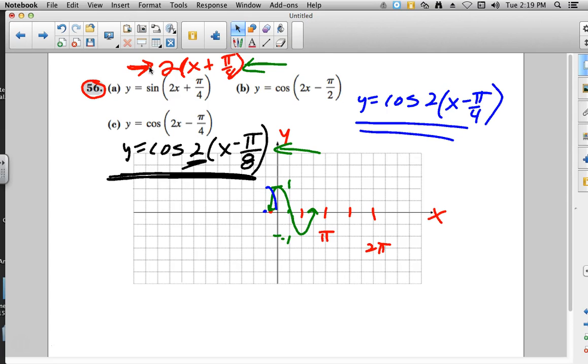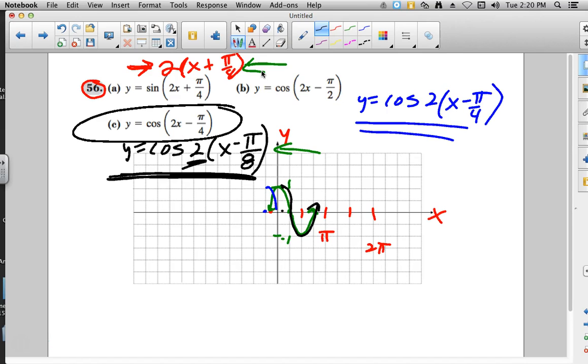Well, that's because for C, that would mean what we're going to do is we're going to go over here to pi over 8. And again, I already have my intervals set half the size that they were before, and it's going to start high and then go low, and it follows right along. So that would be the one that would match it, would be C.